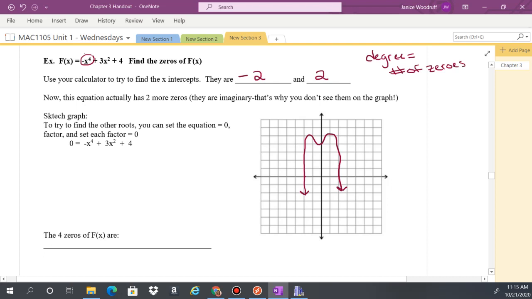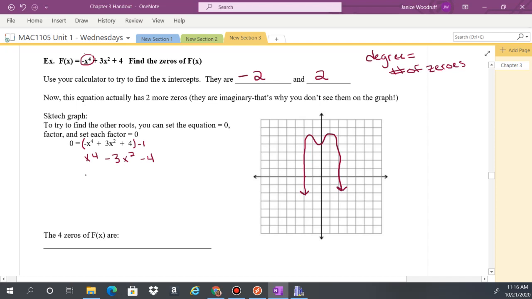So I've got 2 of them. I've got -2 and 2. The other ones I've got to find. For this one, I can actually just factor. Set the equation equal to 0 and factor. I want to change the sign, so I'm going to pull a -1 out and make that a positive x^4 - 3x^2 - 4.